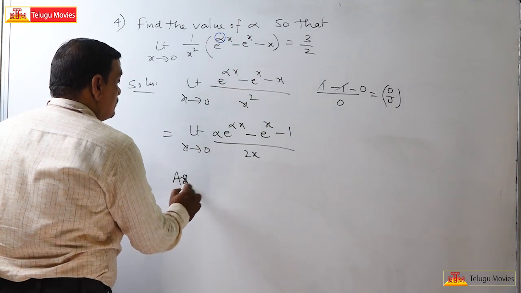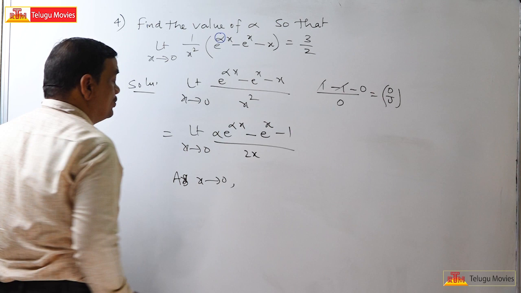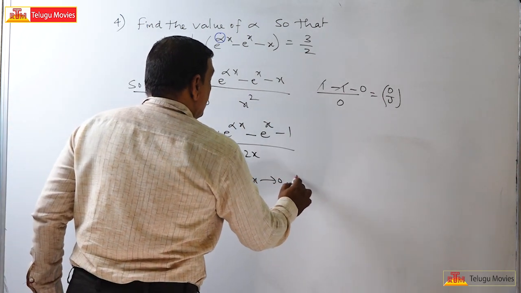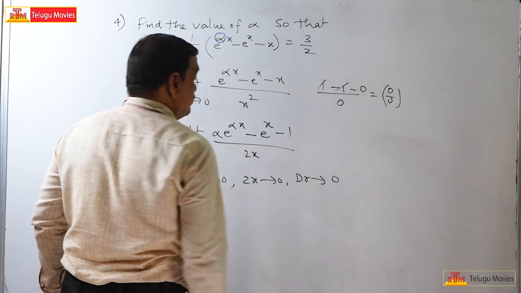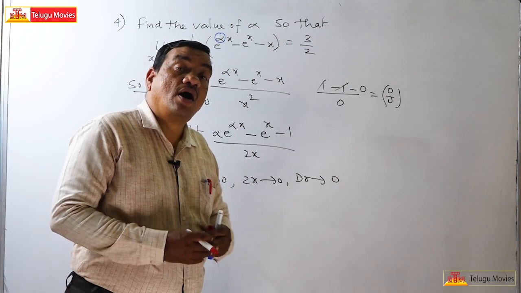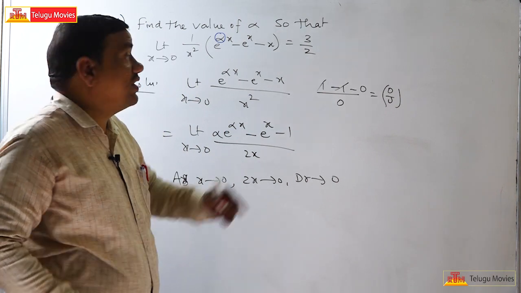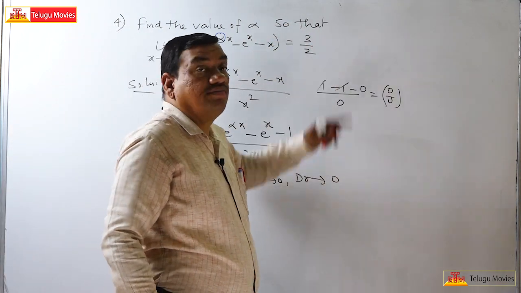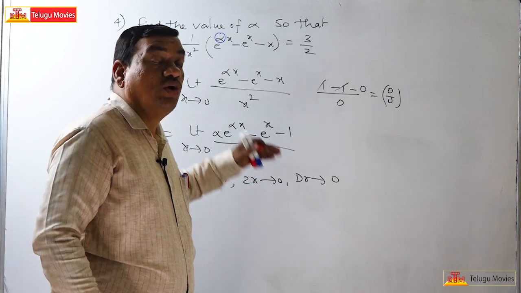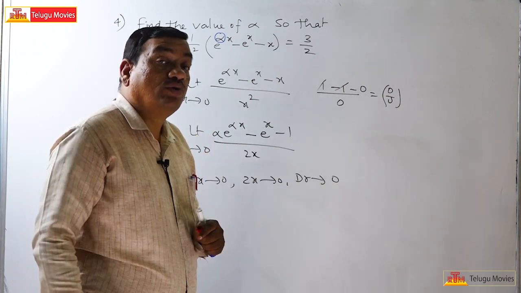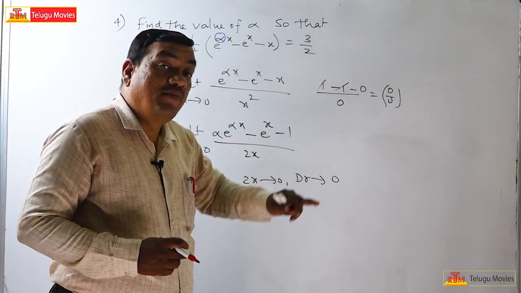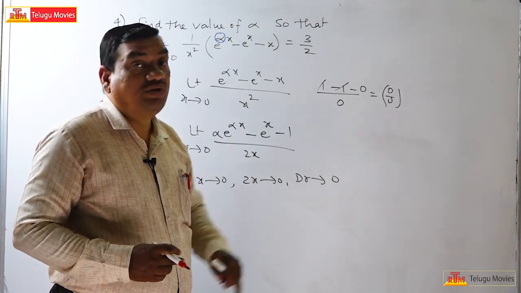As x approaches 0, 2x approaches 0, that is the denominator approaches 0. Therefore the numerator must also approach 0, because we are getting a finite value 3/2. As the denominator approaches 0, the numerator also should approach 0, so that we get 0 by 0, apply the L'Hopital rule and get the finite value 3/2.